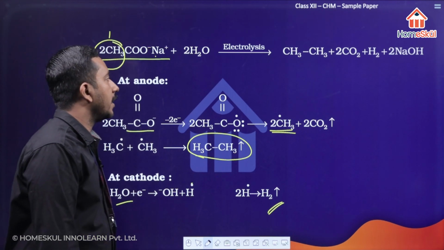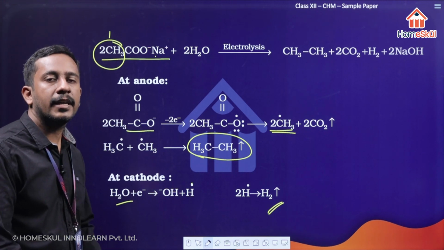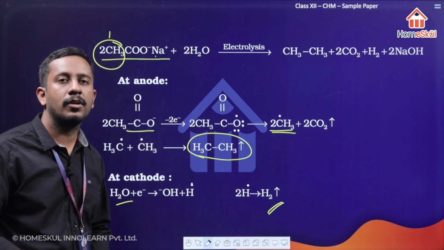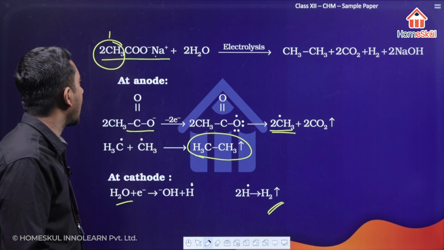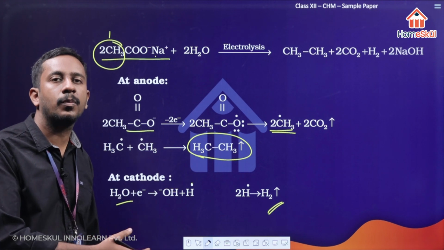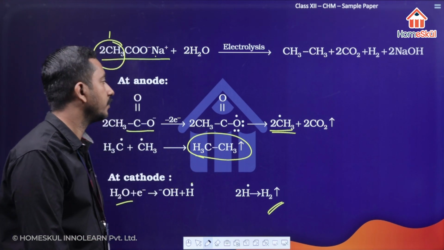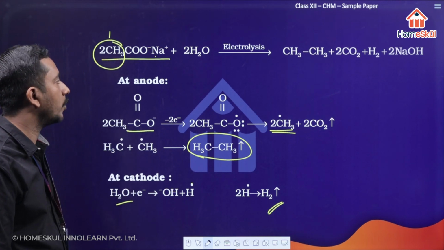This is Kolbe's electrolytic reaction, where we obtain a saturated hydrocarbon starting from the sodium salt of a carboxylic acid, and the hydrocarbon has double the number of carbon atoms present in the alkyl group of the starting carboxylic acid. Both of them are 2 important named reactions, so we'll have to remember both of them.